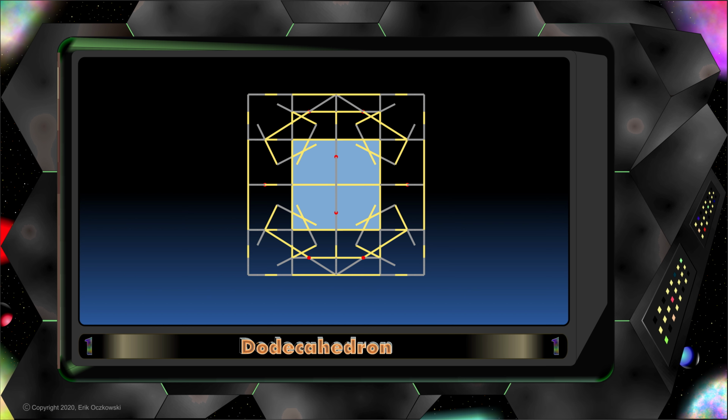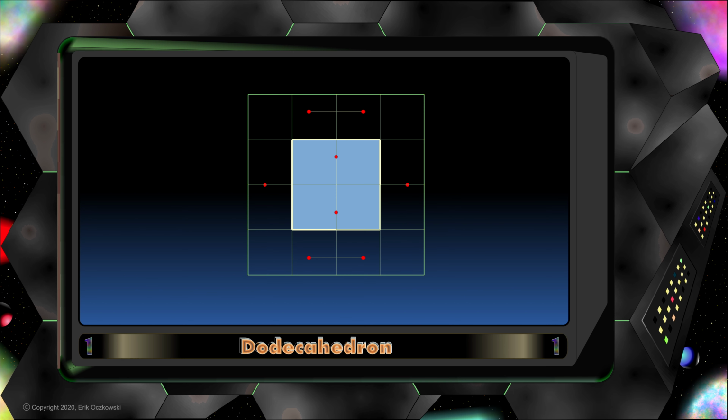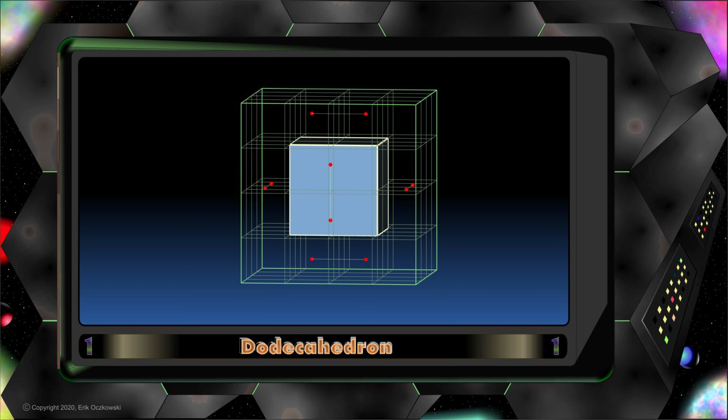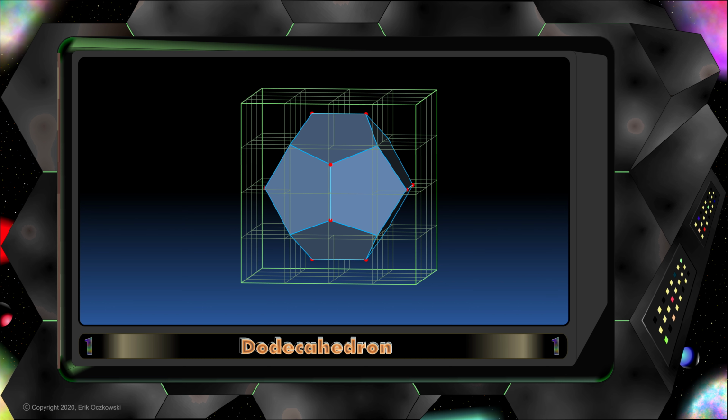The home house in the center, and the red dots enable us to span a roof over the areas of the home house. 2, 3, 4, 5, 6, and then we get our dodecahedron, which is anchored in the cube structure and which is constructed only by using the fundamental tools of consciousness, which is important.